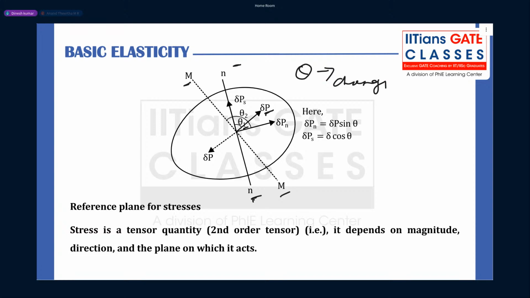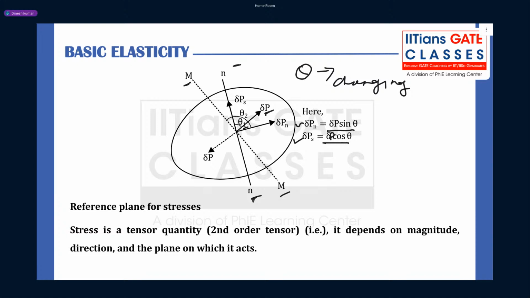So if you change your theta or your plane, your delta Pn and delta Ps will change, yes or no? Because delta Pn is delta P sine theta and delta Ps is delta P cos theta. Clear? Yes or no, guys?